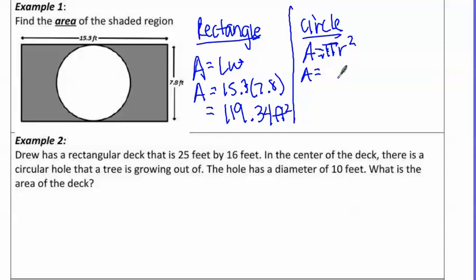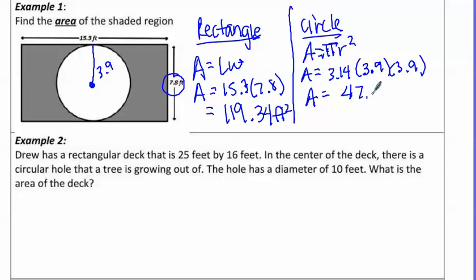So the area is 3.14 times 3.9 times 3.9. You want to take this 7.8, which goes all the way across, and divide that by 2 to get 3.9. So the area of the circle is 47.759 feet squared.